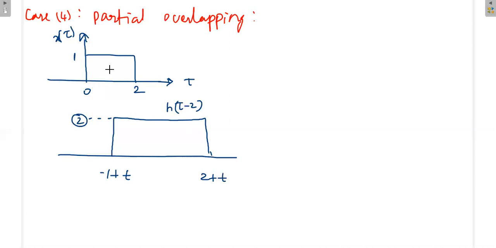These are transition points. So minus 1 plus t is between 0 to 2, then we will get partial overlapping. Then t is between 1 to 3.